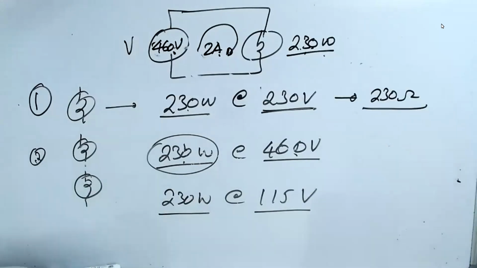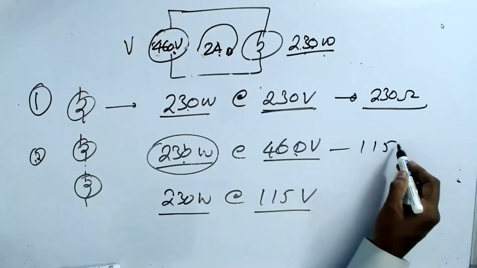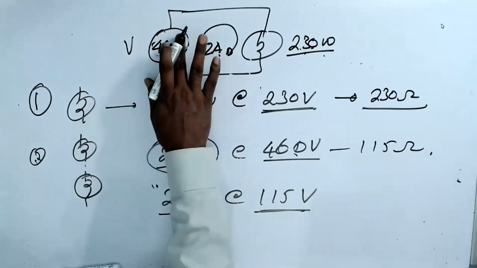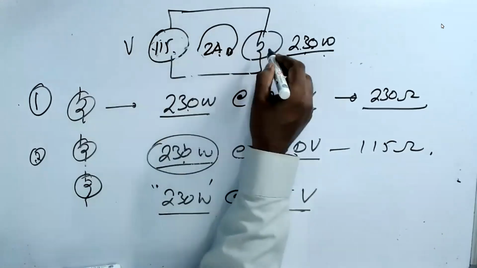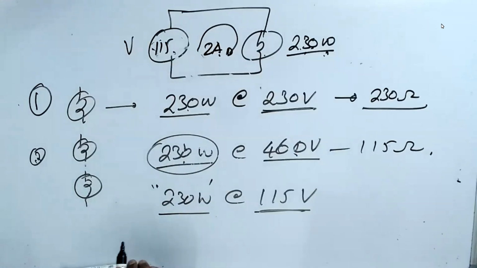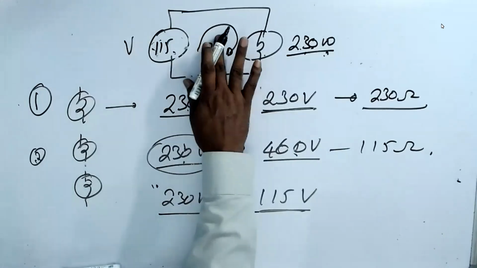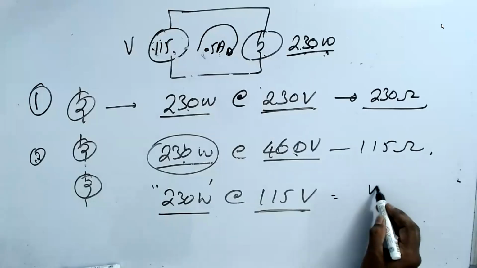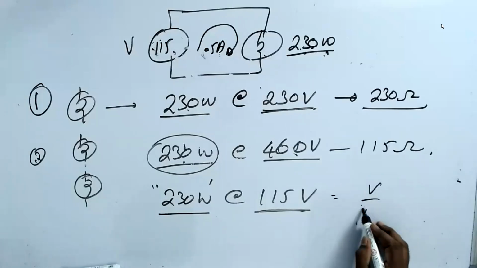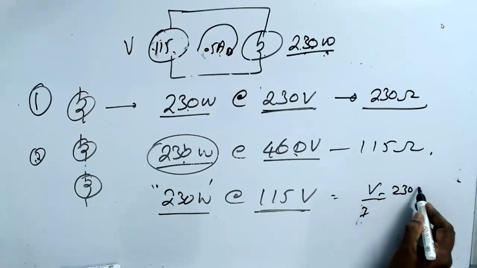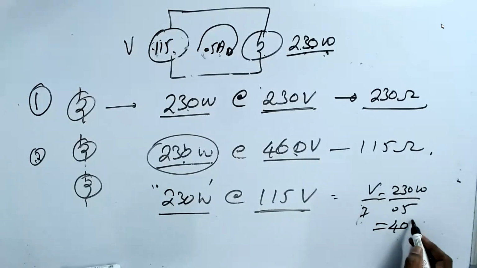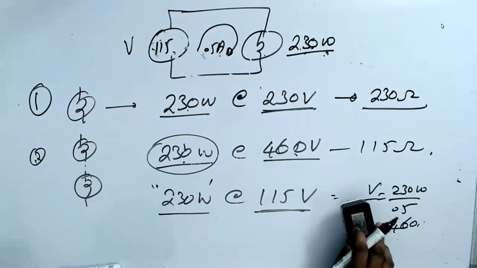Understand? The third one, same 230 watts at 115 volts. So you apply 115 volts and 230 watts. That means the current is going to be 2 amperes. So R is equal to V by I, 115 volts divided by 2 amperes, equal to 57.5 ohm.